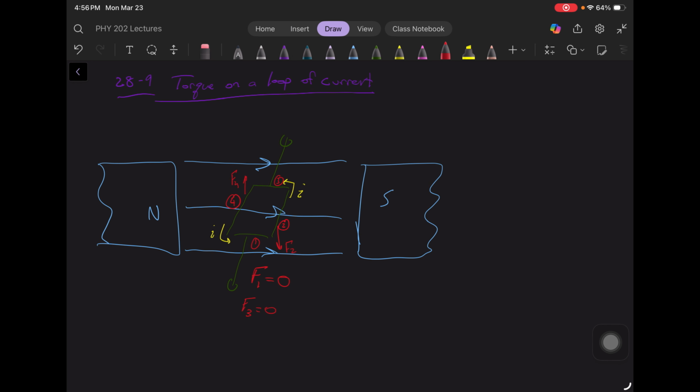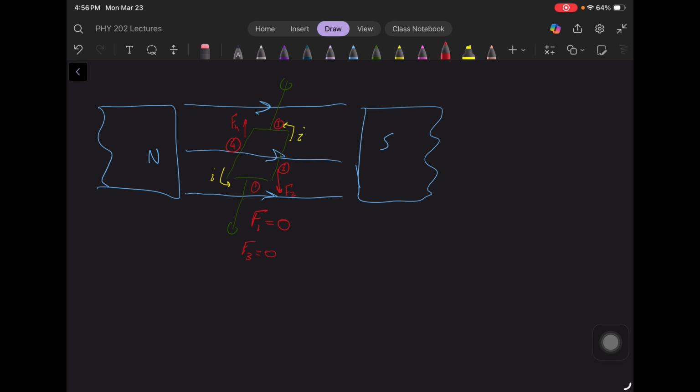And so we could say, what could we say? F2 is going to be ILB, maybe a negative since we have it going down. F4 is going to be ILB.